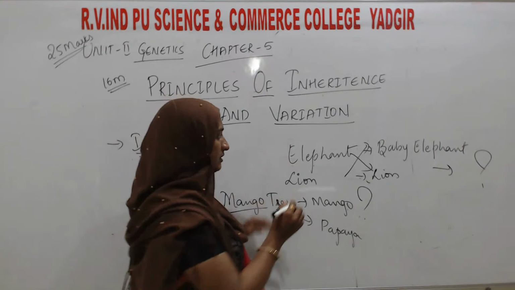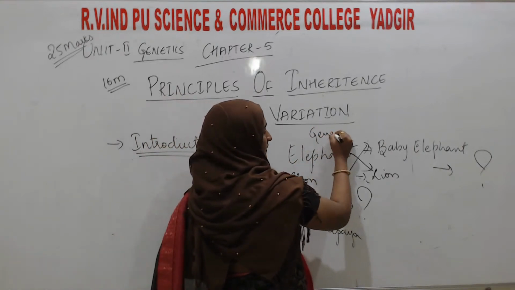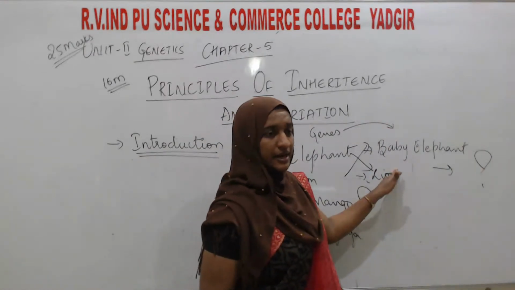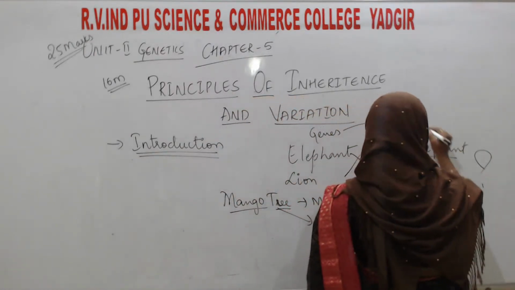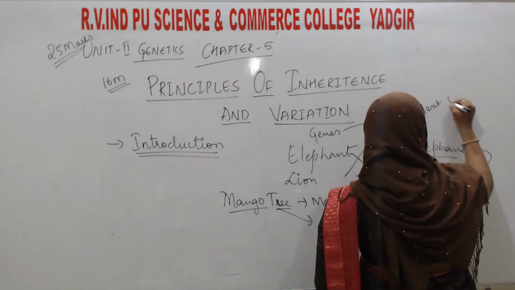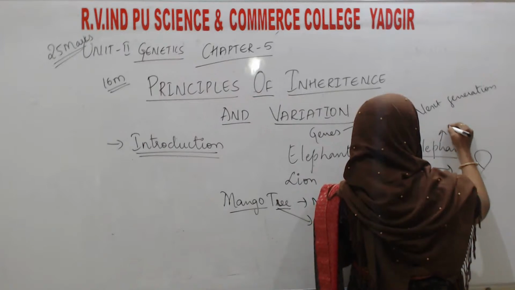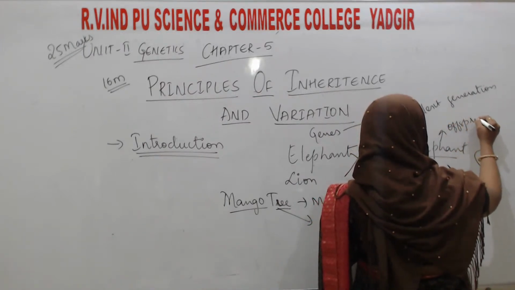Okay. See, an elephant will have genes. Those genes are going to transfer to the next generation, that is the baby elephants. This is the next generation, or the baby elephant, we can call it the offspring.